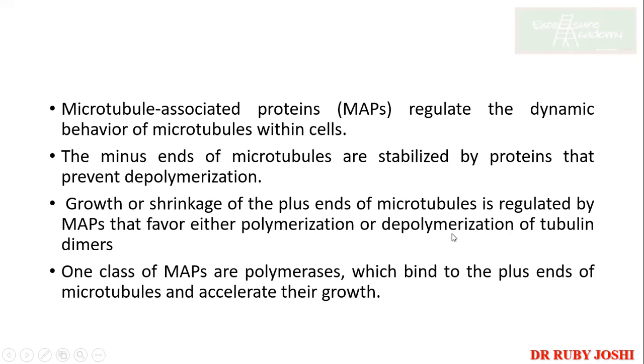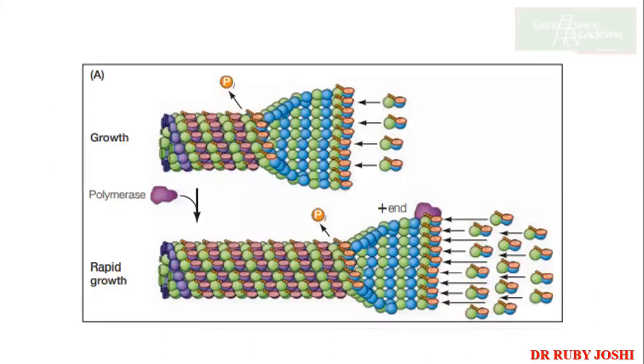So depending on the need, for example if I have to separate chromosomes, we need to take these chromosomes to the different poles, right? Then I need depolymerization to happen at the plus end of the tubulin, correct? So that will again be regulated by the MAPs. Okay, see, you have the growth where normally the GTP bound tubulins come and add.